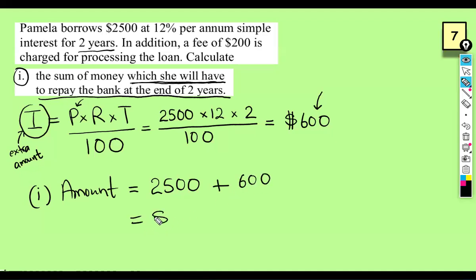And the answer for this is what? Oh Lord, for some reason I can't add this in my head. Isn't it 3,100? Guys, a lot of people got this wrong. You're not going to include the 200. Remember, the day you walked into the bank, you gave them 200.